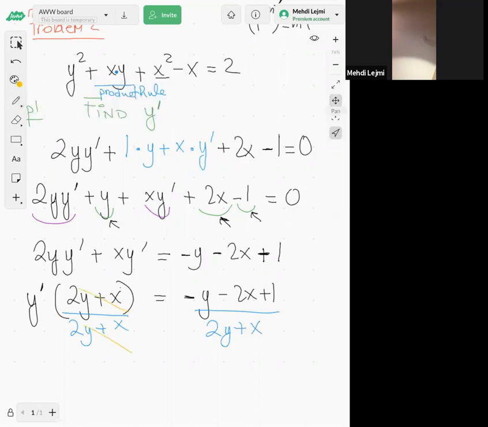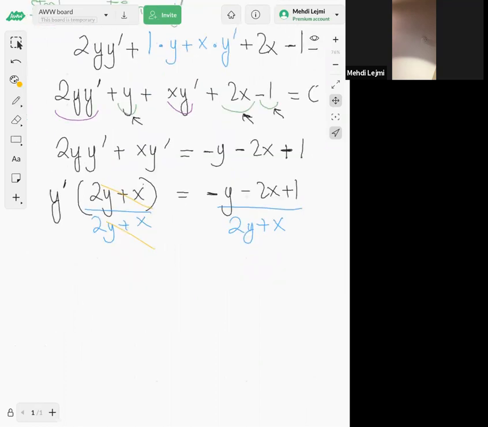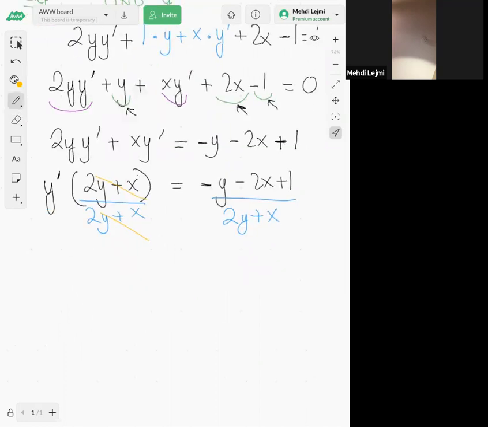And so y prime, the derivative of my function, the slope of my function, is equal to minus y minus 2x plus 1 over 2y plus x. So that's the first step: you have to find y prime.